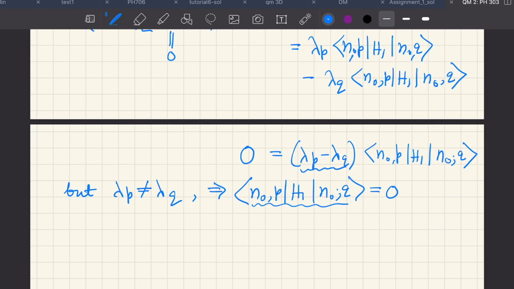Even without explicitly diagonalizing H1, you can comment that you have figured out this basis |n0,p⟩, |n0,q⟩, which will make your perturbing Hamiltonian diagonal. You can always look for an operator which is Hermitian and has different eigenvalues in the same basis. Many times this operator may be, for example, the z component of angular momentum, Lz, for which all the states have different eigenvalues and it commutes with the perturbation.